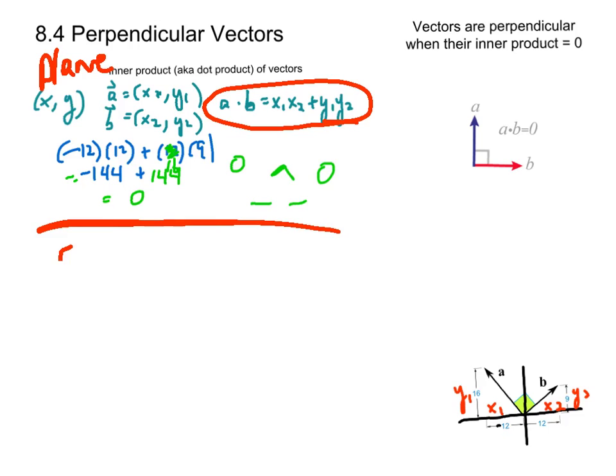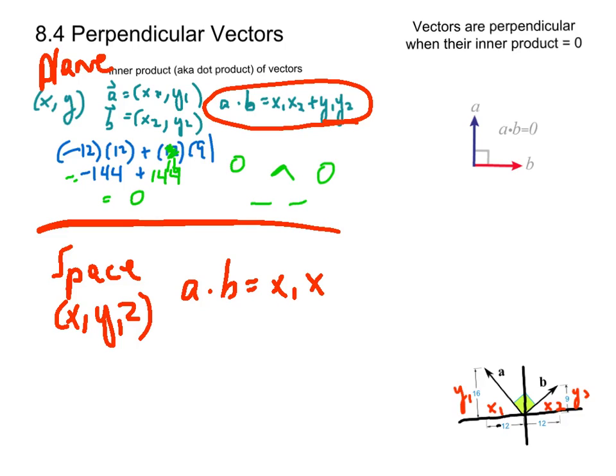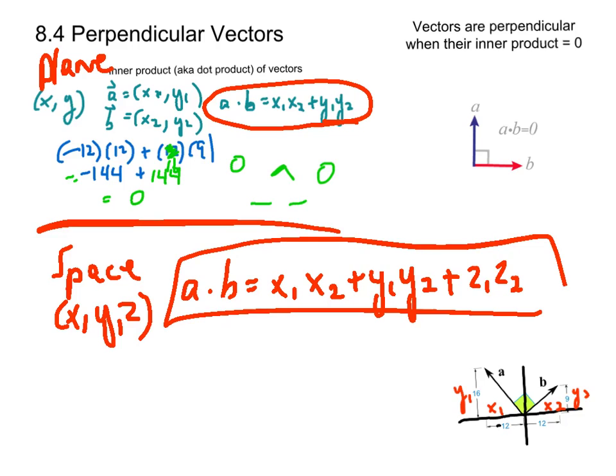And here, when you're in space, that just means we have the z component as well. It looks the same, it just has z1 times z2 as well, so it looks like this, plus z1 times z2. If that equals 0, then whatever two vectors you're dealing with are perpendicular.